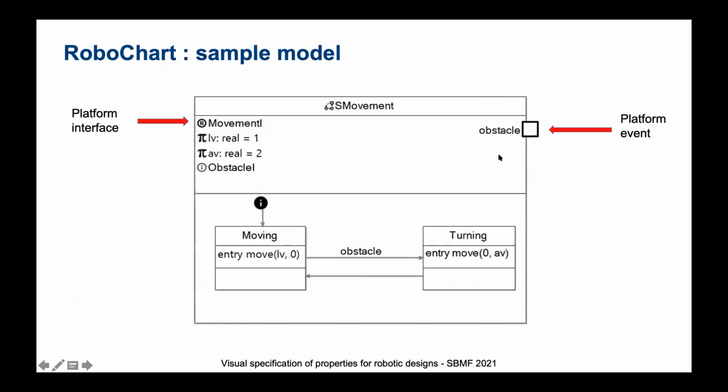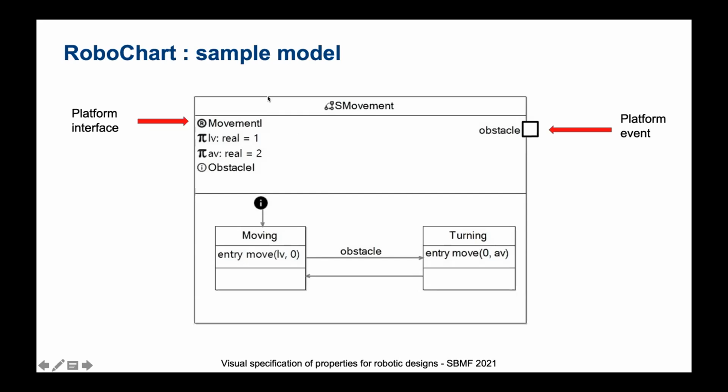So before showing the notation and how it's verified and talking a little about its semantics, we need to know a bit about RoboChat. So here is a very simple RoboChat model. It is only part of the model, because you also have the definition of the platform operations and events. But here you have the name of the state machine, movement.